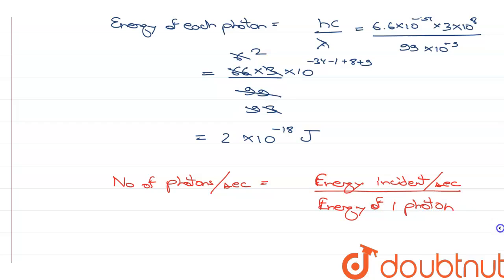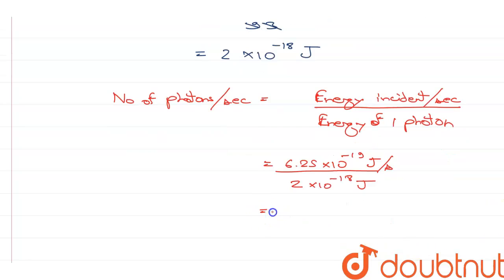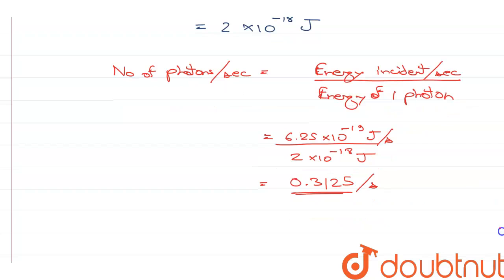So energy incident per second is 6.25 into 10 raised to power minus 19 joules per second, and energy of one photon is 2 into 10 raised to power minus 18 joules, which gives us 0.3125 per second. So the average number of photons that are incident on the metal is 0.3125 per second.